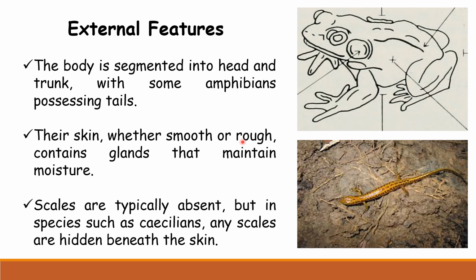Their skin is smooth or rough, but they contain glands that keep their skin moist. The scales are typically absent, but in some species such as caecilians, this diagram is an example of a caecilian, they might have scales which are hidden beneath the skin.